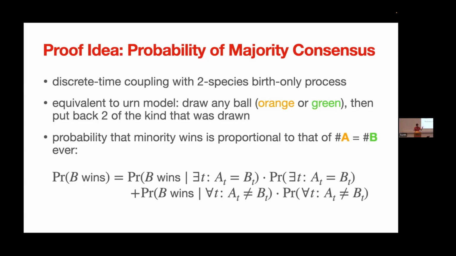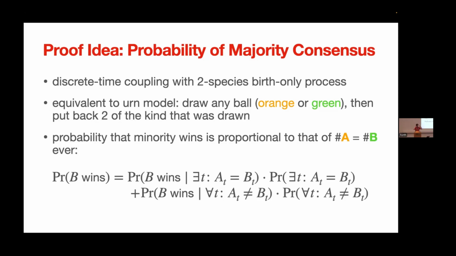And you can think of this as an urn model. Here, we're only looking at the birth component of the system and not the annihilation part. Why? Because the annihilation part, A and B meeting, doesn't change the difference. But if A duplicates or B duplicates, that changes the difference. And the coupling that we did was based on the difference.